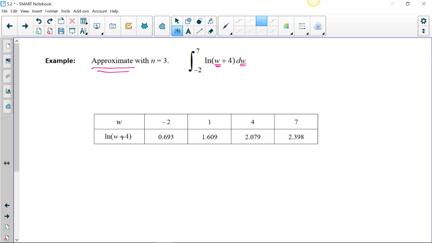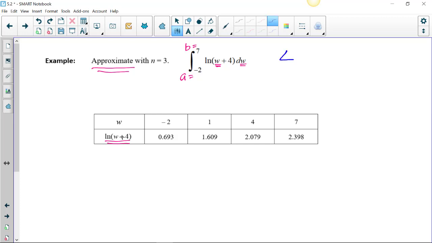We're going from a equals -2 to b equals 7, and this is the natural log of w plus 4. That's my function, so that's what I'm going to use to find my heights for each of my w's.